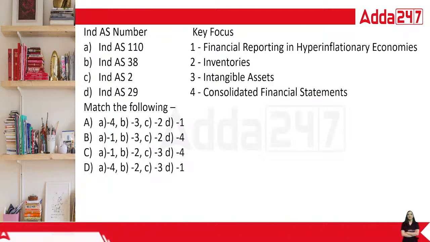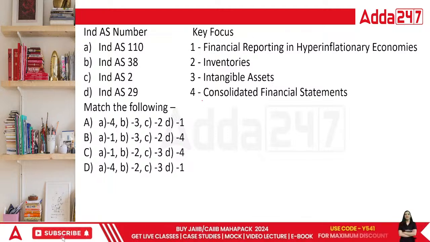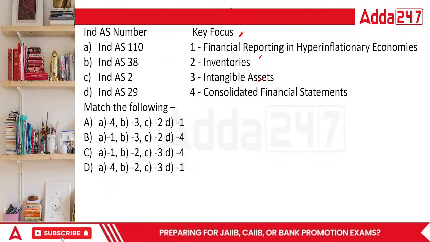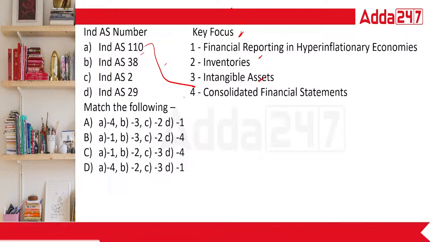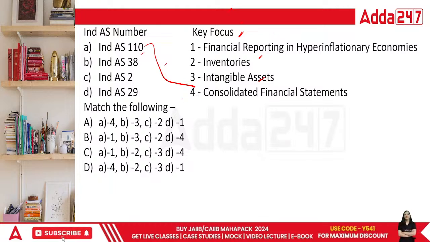Okay, let's talk about the point there. First is 110. This is related to the consolidated financial statements. Then when we talk about Ind AS 38, Ind AS 2, and last is Ind AS 29.